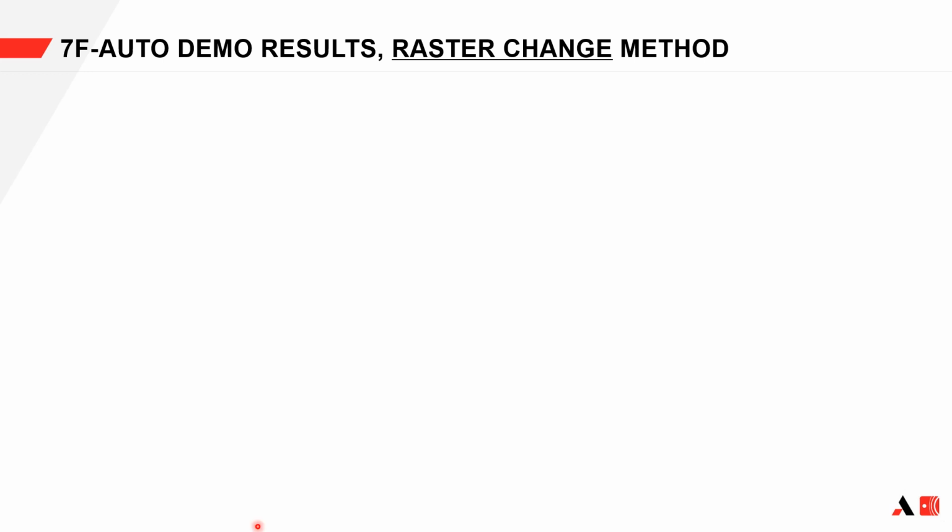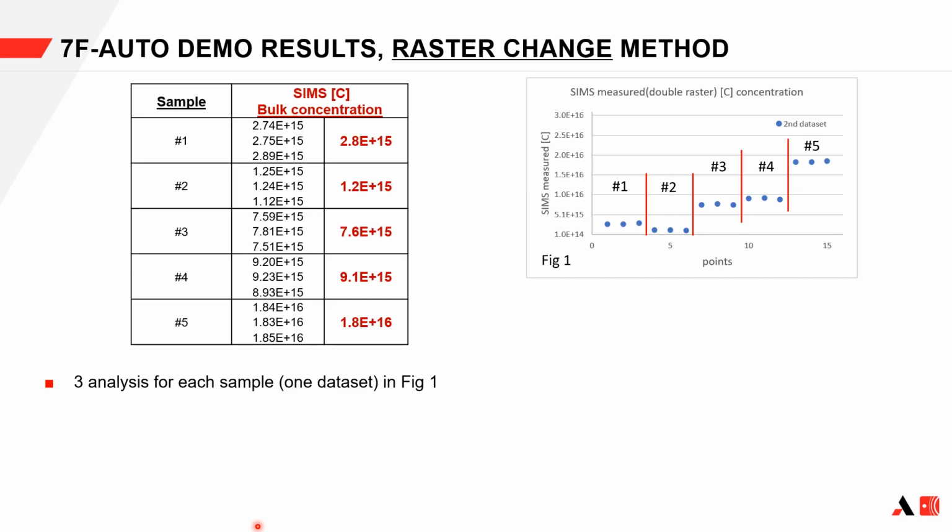Now, let's have a look at the result of this test. 3 depth profiling analyses were performed for each sample, so we have obtained 15 profiles in total. Let's call it one data set. The result is shown in Figure 1. We can clearly see a different level of carbon concentration among samples.